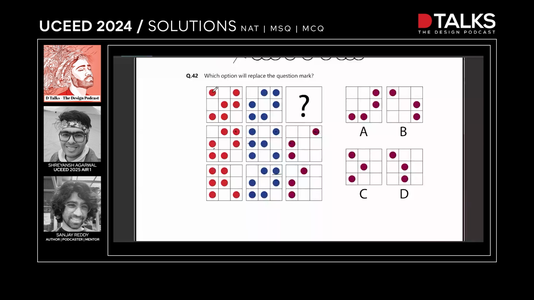So the first box is going to be empty, because this is red. This one just has blue. This one has both red and blue. So this will be maroon यहाँ पे. यहाँ पे there's just blue. Center में there's just red. This will also be maroon. This will be maroon, and this will be blank. The answer is A.